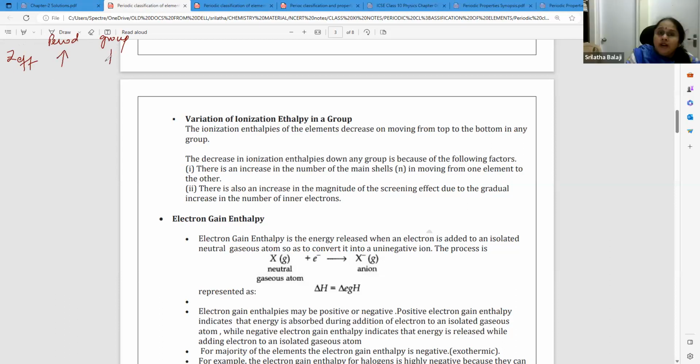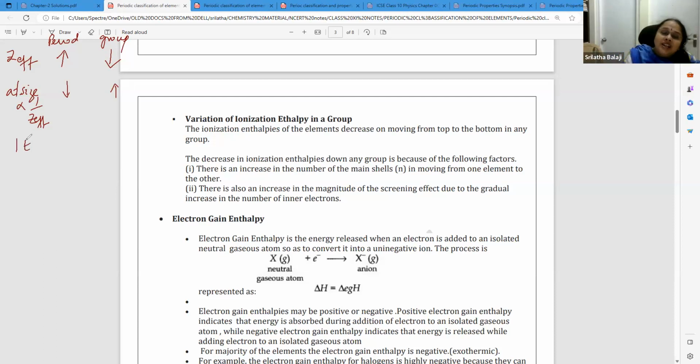Down the group, it decreases. And how was atomic size varying with Z effective? Inversely, no? So when it's inversely related to Z effective, how is it varying? It will be inverse. Across a period, atomic size decreases. Down the group, atomic size increases.